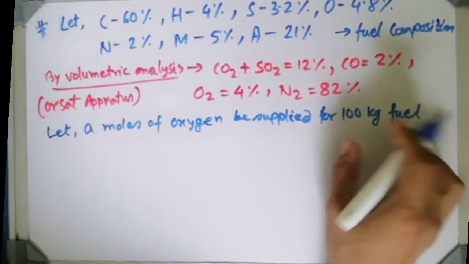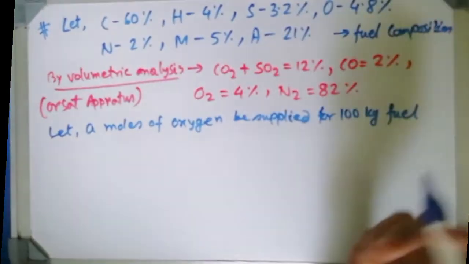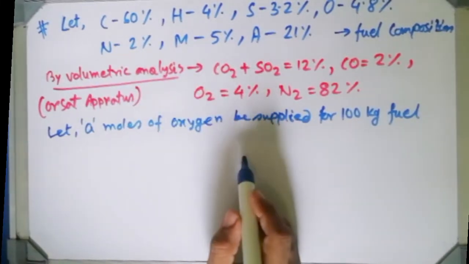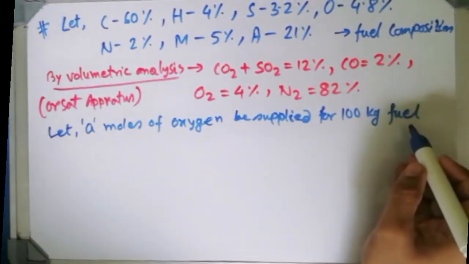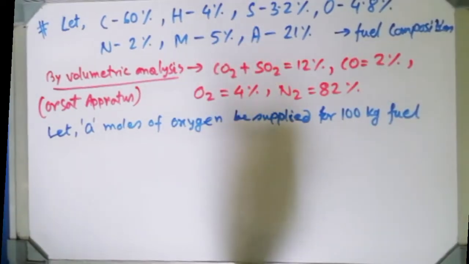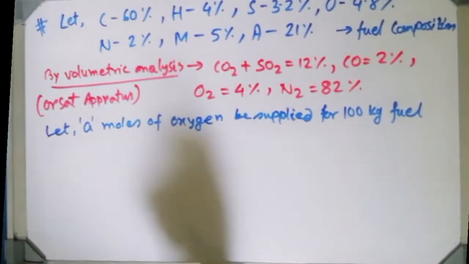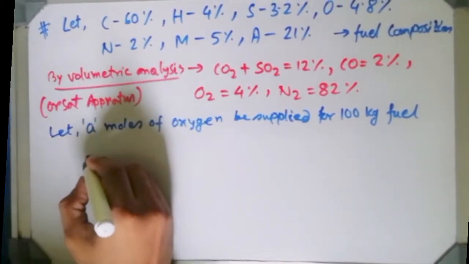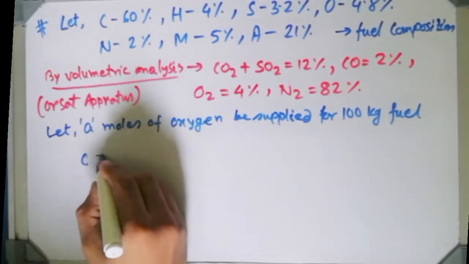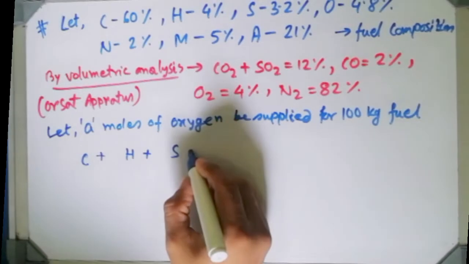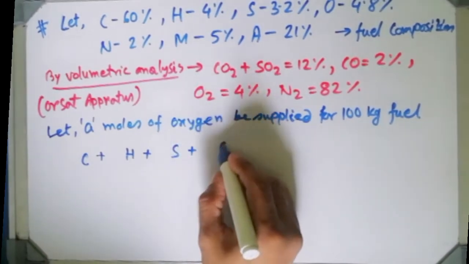So the combustion reaction, how will it be written? The reactants are carbon, hydrogen, sulfur, some amount of oxygen stored in the fuel, and some amount of oxygen we have to supply from the external atmosphere, and nitrogen also will be there.